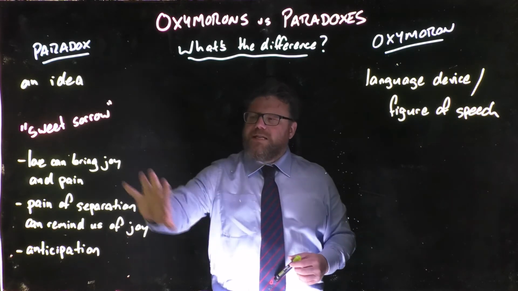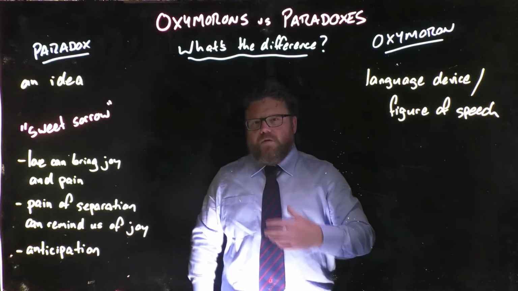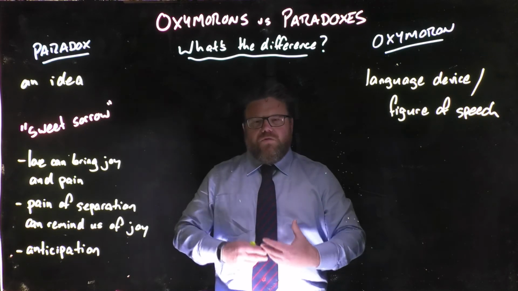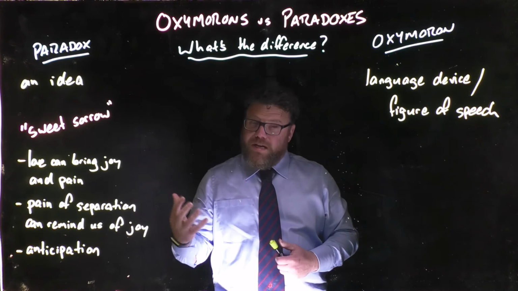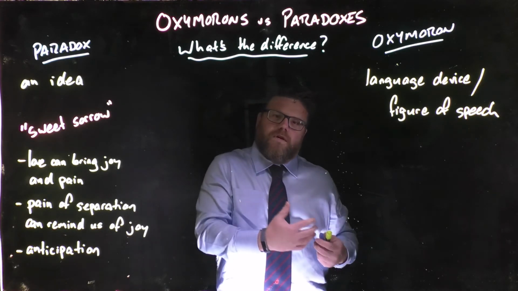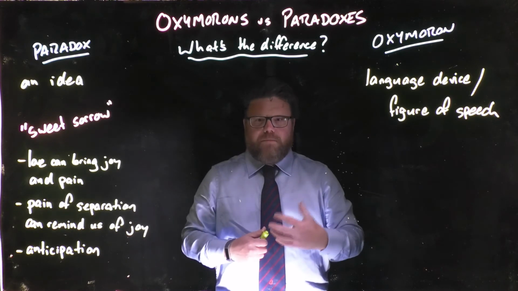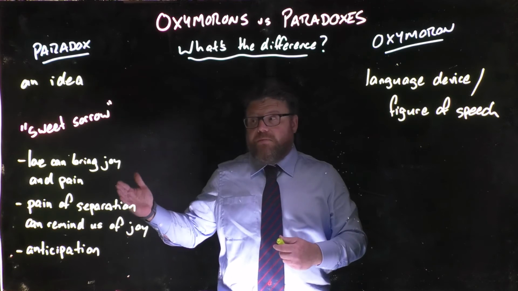Well, she's expressing these ideas that are hard to sum up. Deep ideas that when you're leaving someone that you love, you will feel the pain of separation. But that pain of separation can actually remind you of the joy that you feel when you're with that loved one. It's through that pain that we're reminded of that love, the fact that we actually have someone that we love.